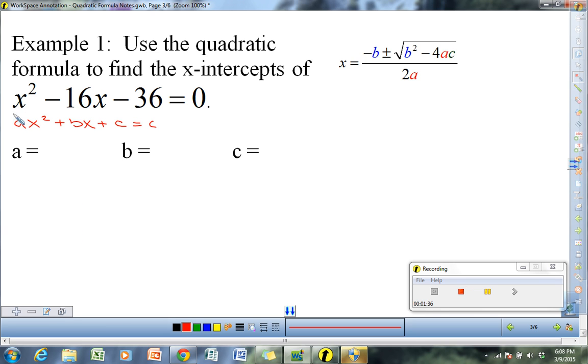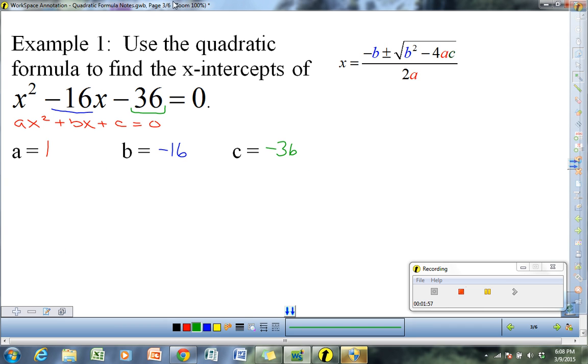Our a term is whatever our coefficient is for x squared. We don't have a coefficient there, so that means it's going to be 1. Our b term is our coefficient for the x term, so that's negative 16. And our c term is the constant that's by itself, so that's negative 36.